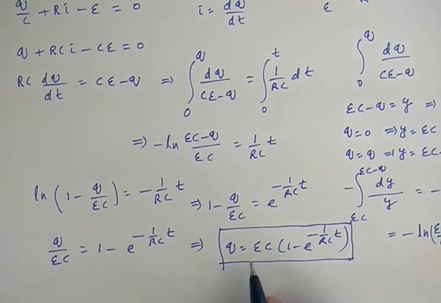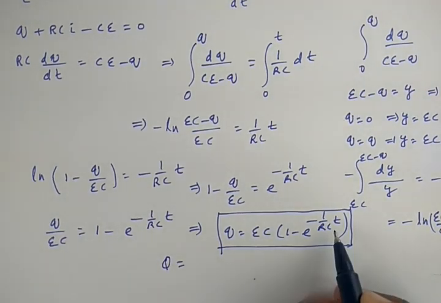So the maximum charge that can appear on the capacitor, let us say that I write as Q, happens at time t is infinity.